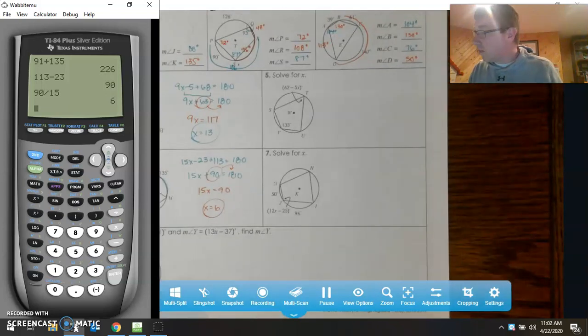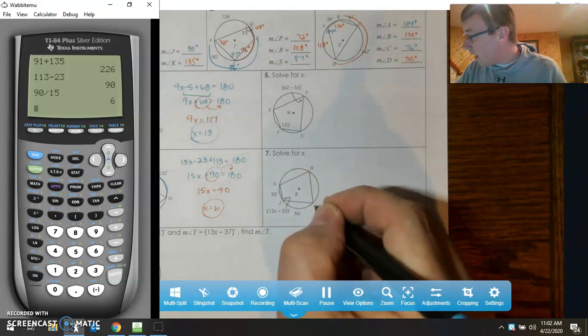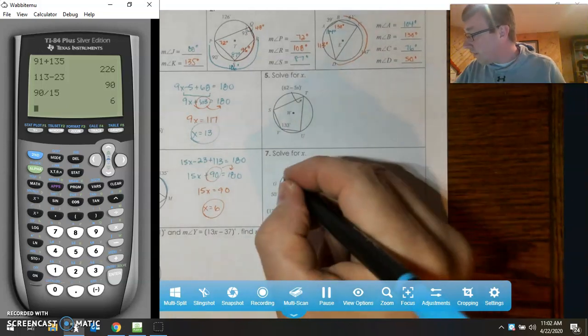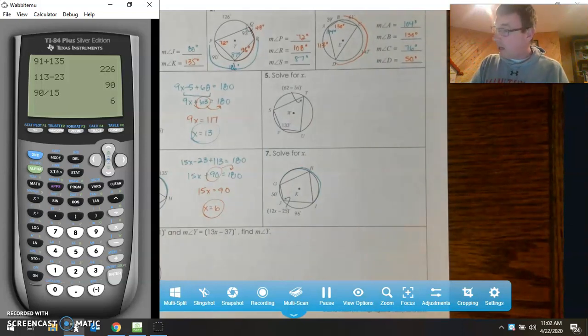Okay, so again, bring in the idea that inscribed angles are half the intercepted arc. Now, if we take a look at number 7, I'm going to do it a little bit differently. I know I could find angle H real quick, but let's see if I can find this arc here. If I take 360 minus 50 minus 96, I'll get 214 degrees.